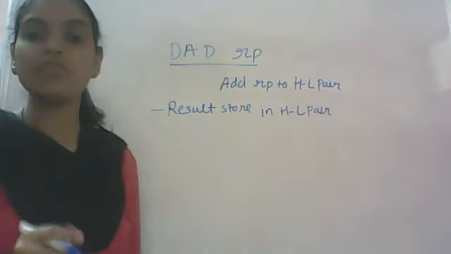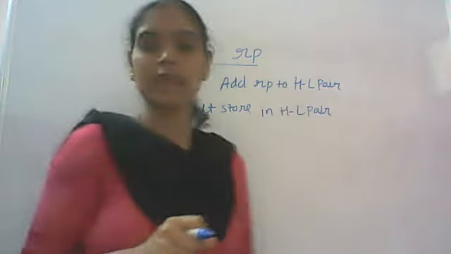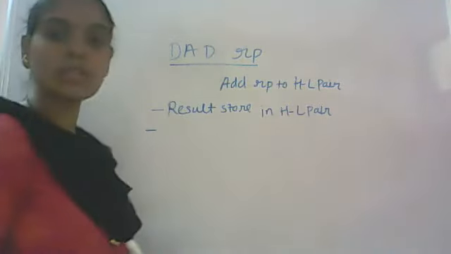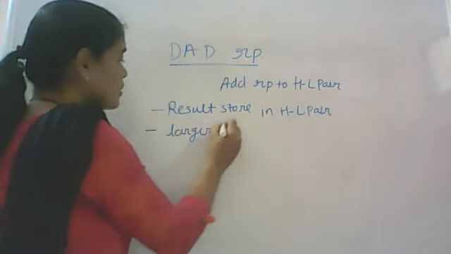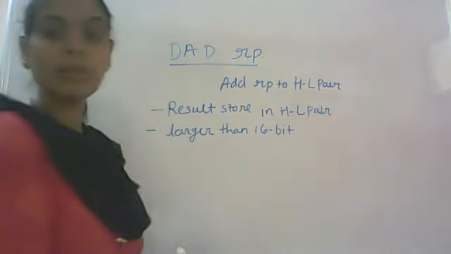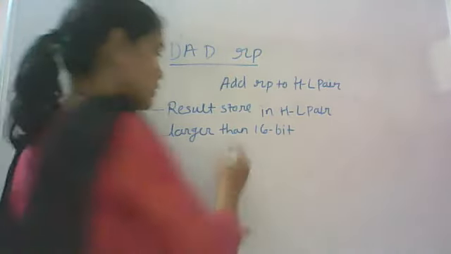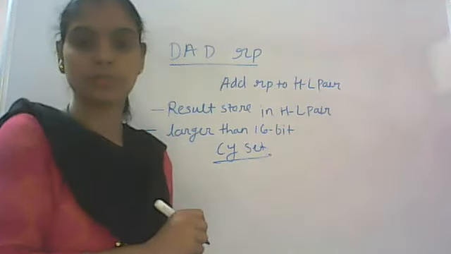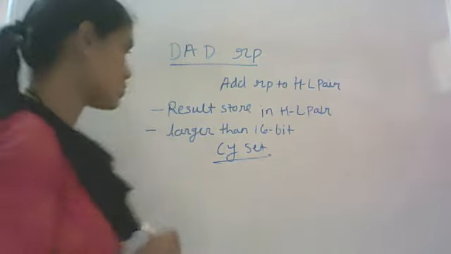If the result is larger than 16 bits, then carry is set. After executing this instruction, if the result is larger than 16 bits, that time carry flag is set. No other flags are changed using this instruction.